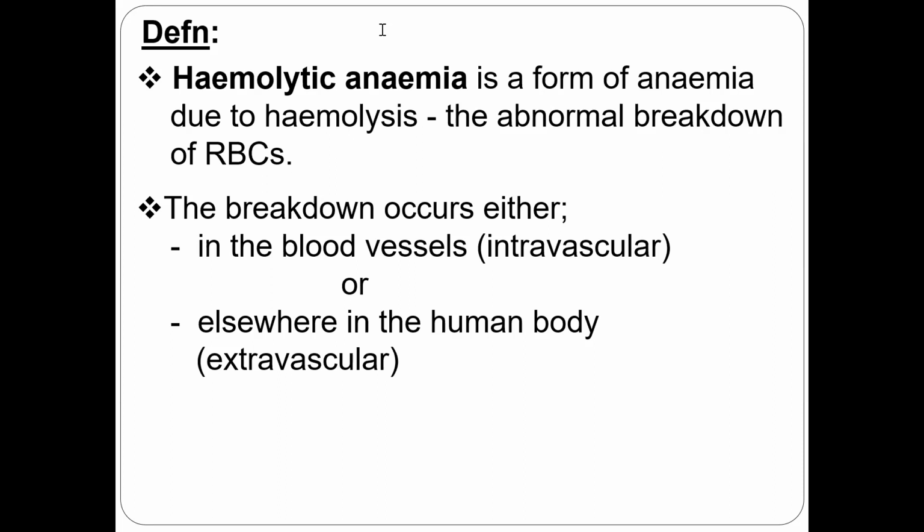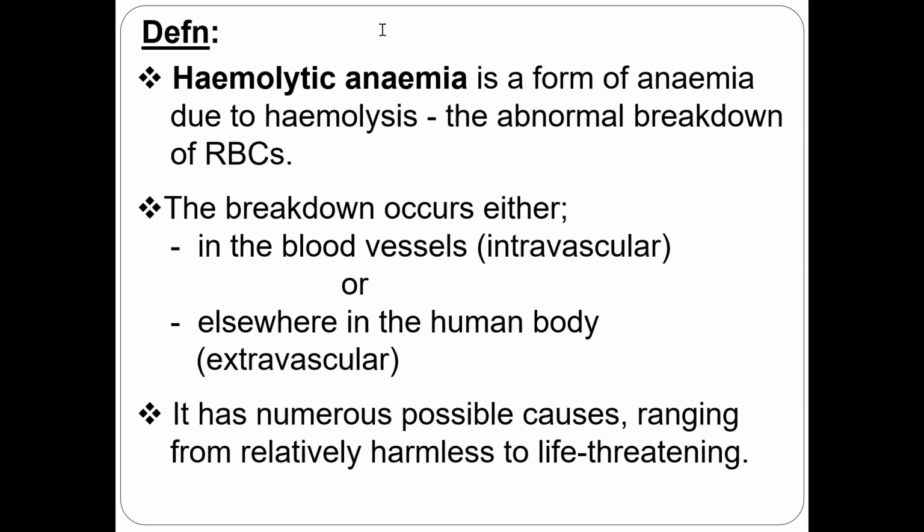If it's intravascular, you're going to see low level of haptoglobin. If it's extravascular, you don't see that. So depending on what you see, you can even determine whether the hemolytic anemia is intravascular or extravascular based on the components that can be measured from blood.